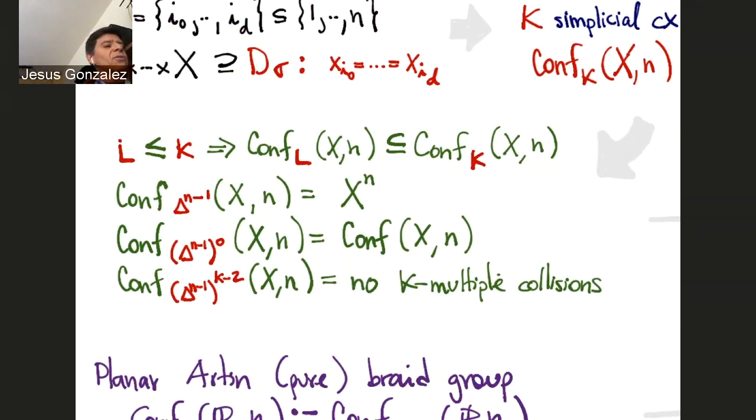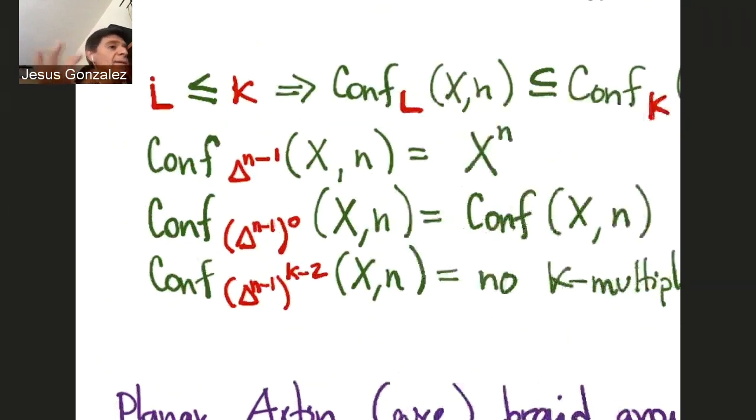And not only that, but for instance, if my complex is the whole simplex on n vertices, then it doesn't have any non-faces, so I'm not imposing any restriction, so I recover the full Cartesian product. On the other hand, if the complex is just the zero skeleton, then any simplex with at least two vertices is a non-face, and I'm avoiding this kind of collisions, so I recover the classical configuration space.